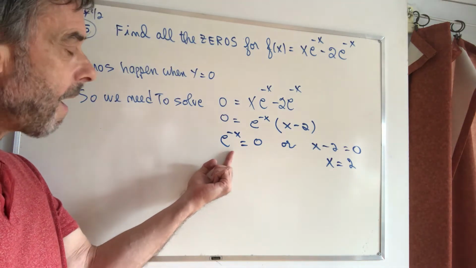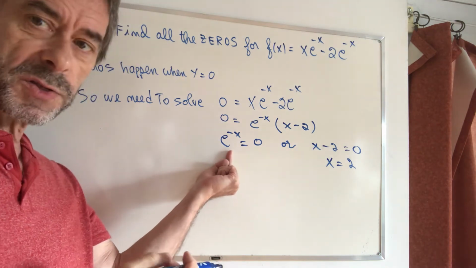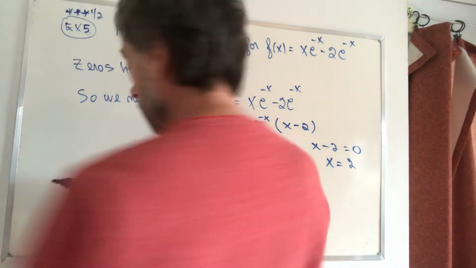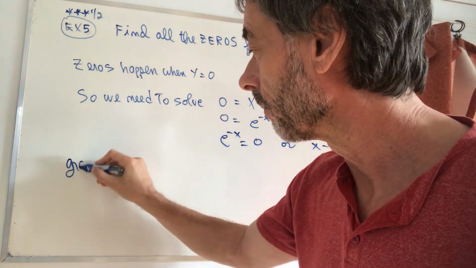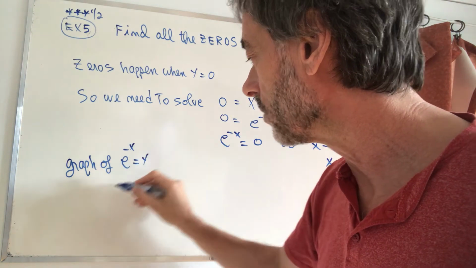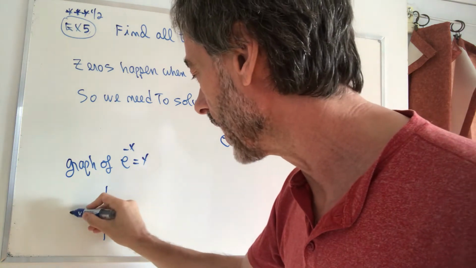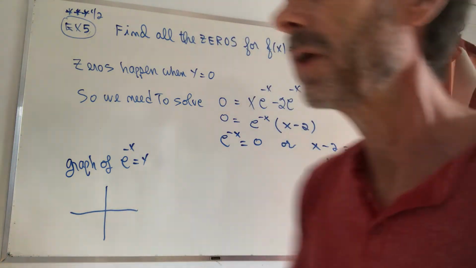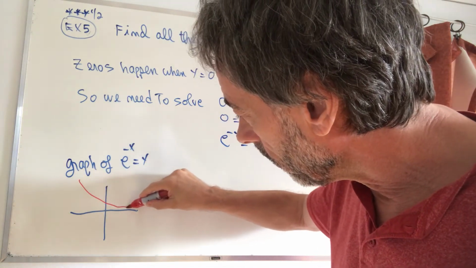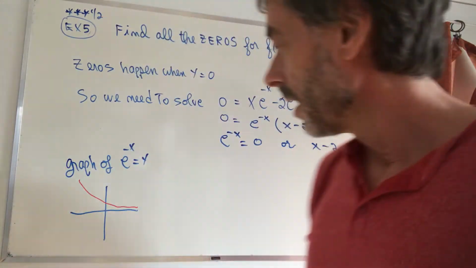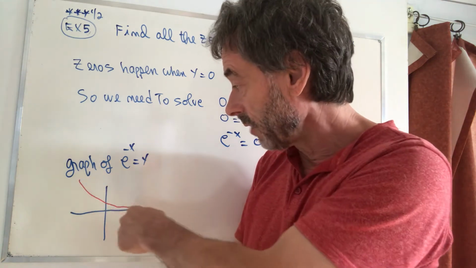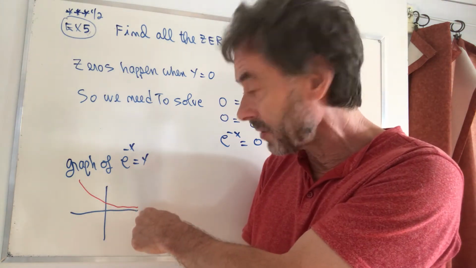What about this? How can I solve e to the minus x is equal to 0? Well, if you remember the graph of e to the minus x is equal to y, you're going to get something, maybe in a different color, e to the minus x goes like this. Now, if I want this to be equal to 0, I would like the red curve, which is e to the minus x, to actually touch the x-axis.